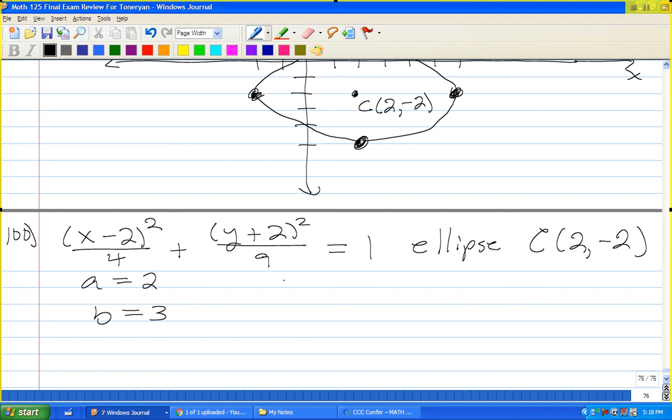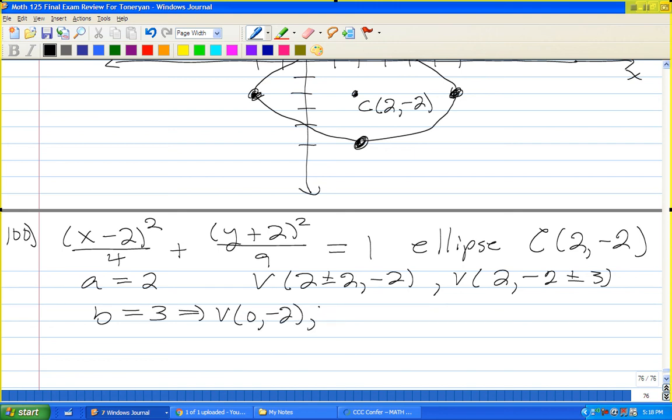The vertices are at (2 plus or minus 2, -2) and at (2, -2 plus or minus 3). And so those are at (2 minus 2 is 0, -2), (2 plus 2 is 4, -2), (2, -2 minus 3 is -5), and (2, -2 plus 3 is 1).